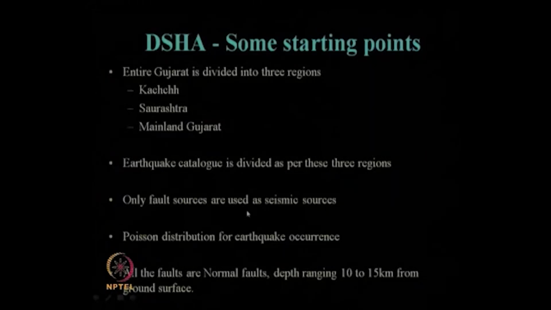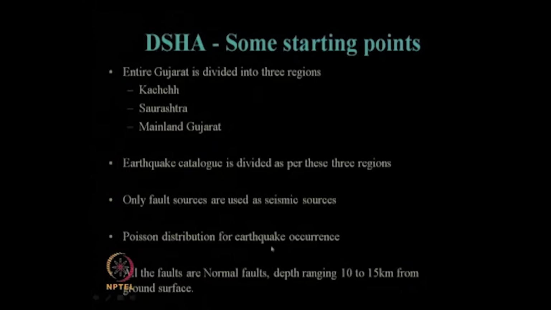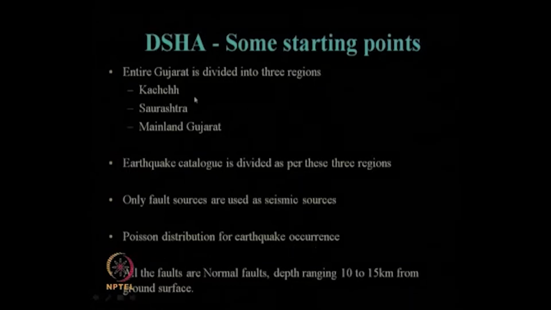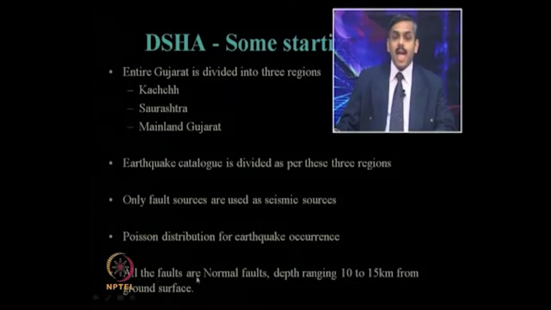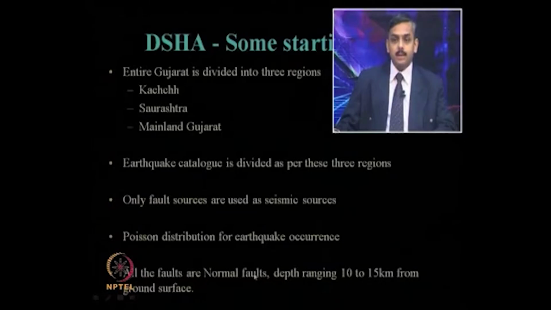That is, no other plate boundaries have been considered, only the fault information has been considered for calculating this DSHA. A Poisson distribution for earthquake occurrence is considered, and all the faults are assumed as normal faults. This is an assumption in the present study.